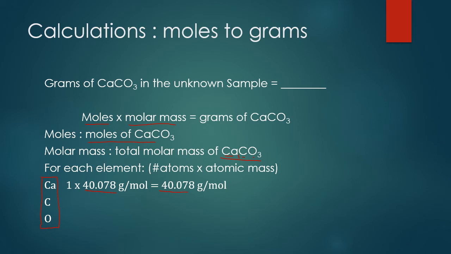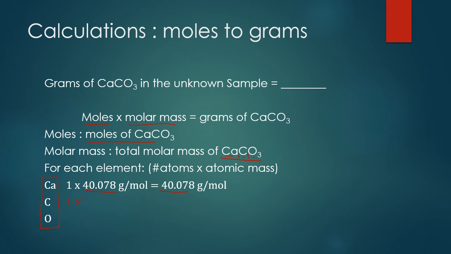Once you write the atoms of each and find the corresponding atomic mass, make sure to add all 3 of those together. So carbon also doesn't have a subscript, so there's just 1 carbon atom. Then you would find its atomic mass from the periodic table, multiply across.